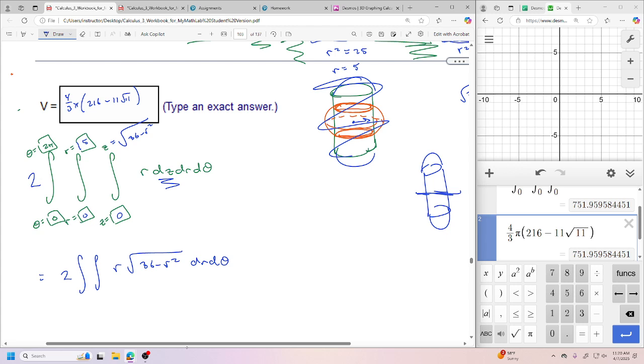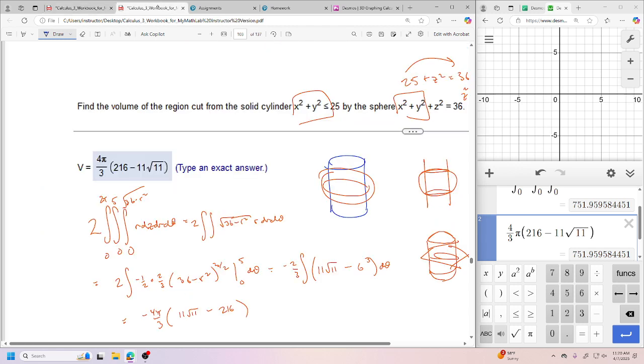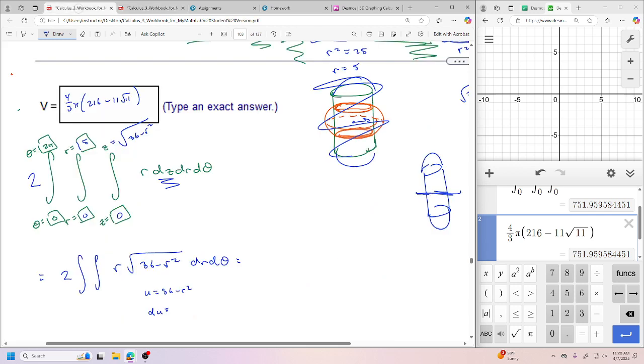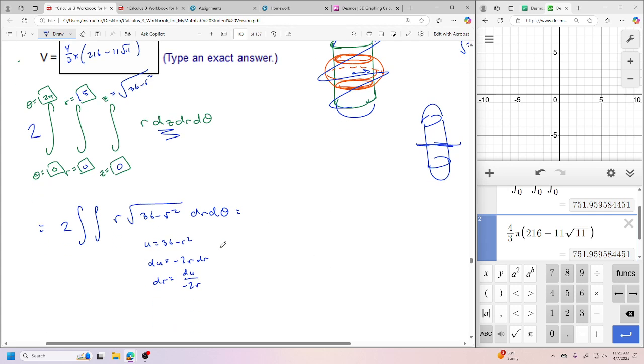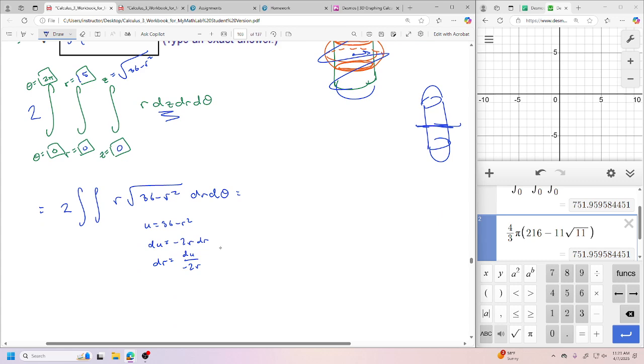And what do I do at this point? U sub. Yep. Now I did not do U sub. If you go and look at my silly little answer, I just went whoop, because I did like 5 steps in my brain. And like for once I actually didn't get it wrong. So that was kind of nice. So r square root of u, and then I have a du over negative 2r.